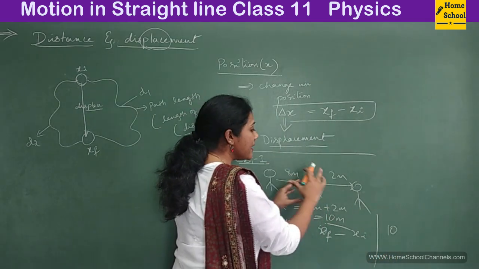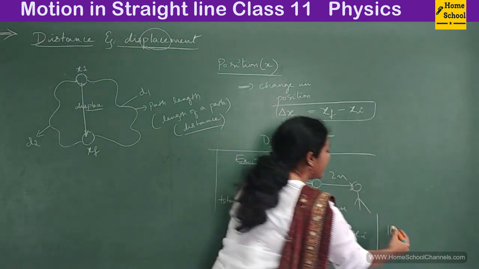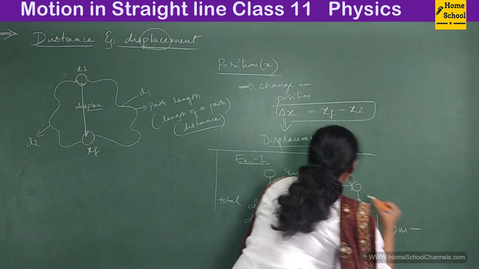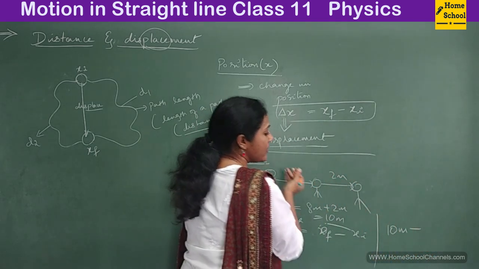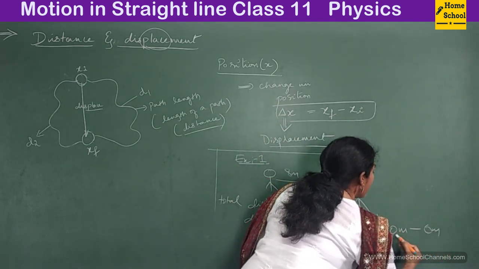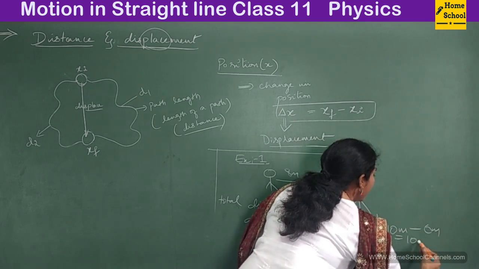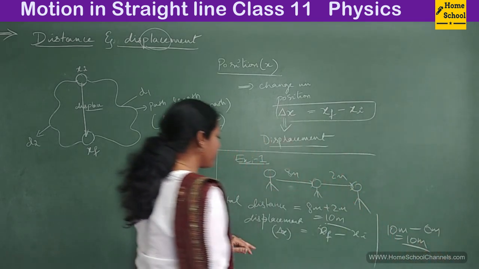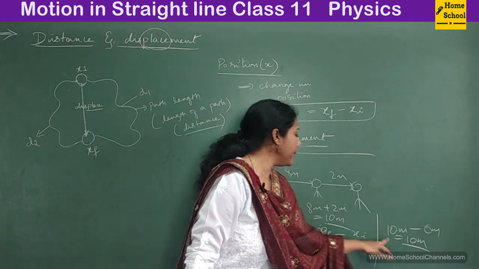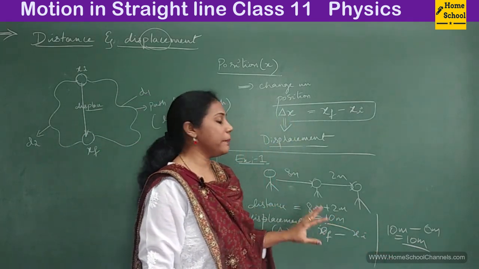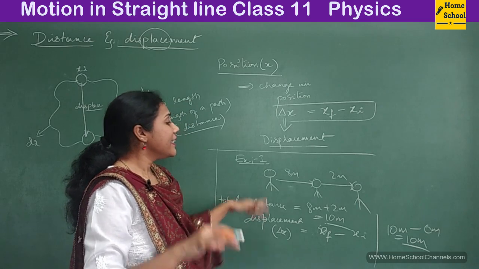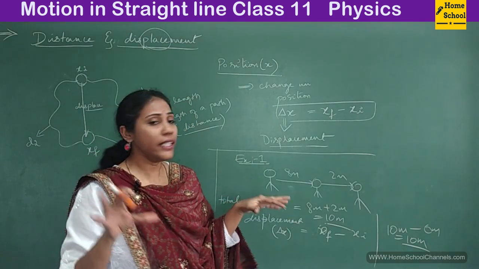The person is standing after 10 meters, so 10 meters minus initially 0 meter. 10 minus 0 is 10 meters. So displacement is also 10 meters, distance is also 10 meters. In this case, distance was equal to displacement.